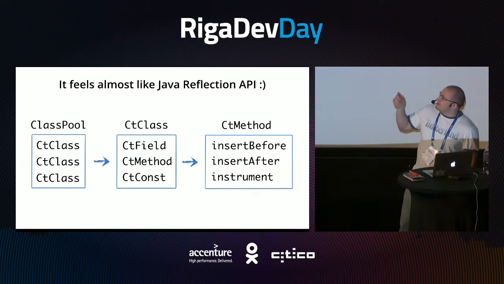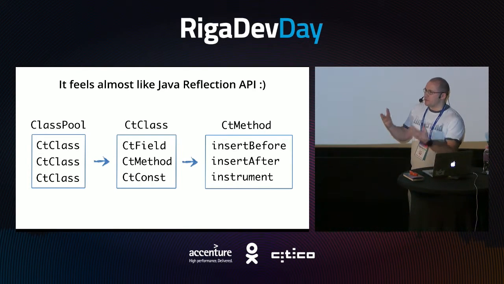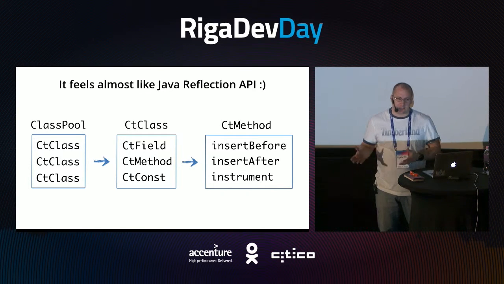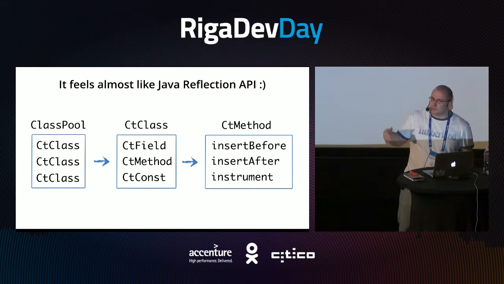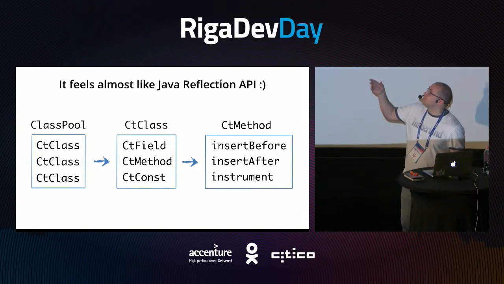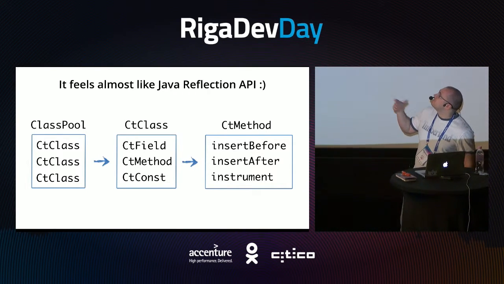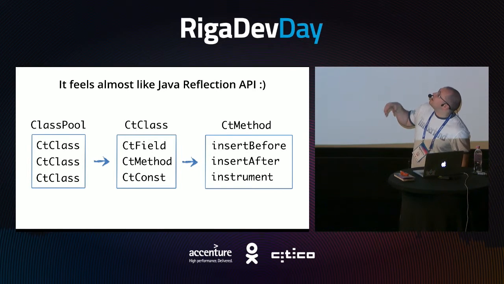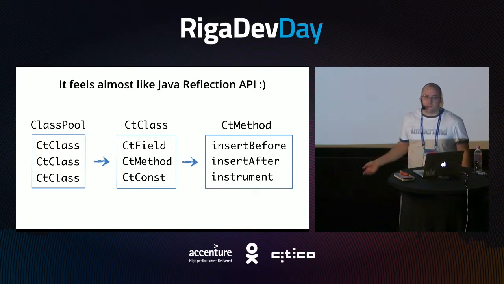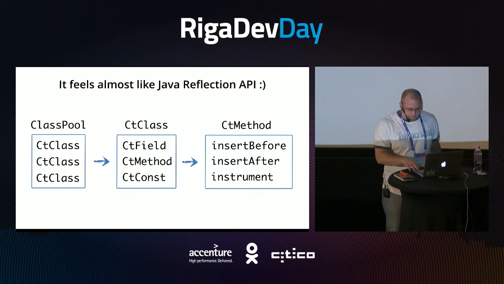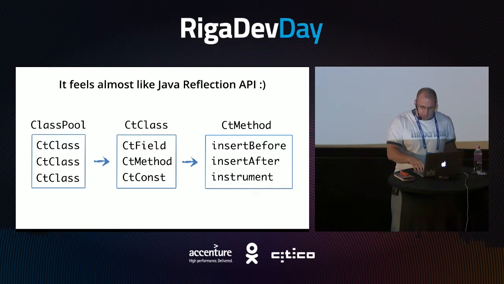From there, you get the CtClass representation, which basically represents the bytes of your classes. From there, you can iterate over the elements of the class, get access to the fields, methods, constants, and so on, and do all kinds of instrumentation, like insert some code before the method, after the method, change some statements, and do all kinds of hacks that you want.